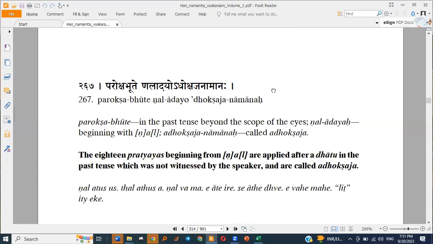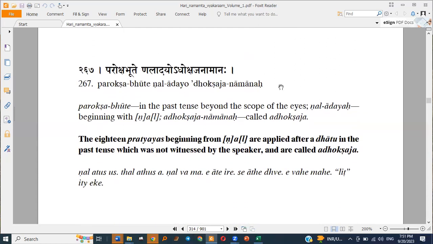Then there is one more kind of past tense, Paroksha Bhute Inaladayo Dhokshaja Namana. By now, we have done 5 different groups. First one was Achyuta, which is Lat Lakar in present tense. Second one was Vidhi Pratyas, which is Vidhiling, in Sambhavna Arthe, in different meanings.